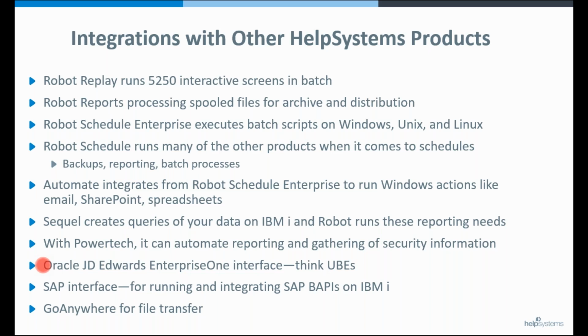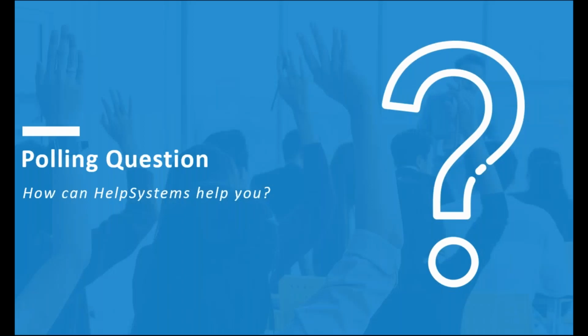For those who run that technology, you're probably familiar with UBEs, Universal Batch Engine. And then SAP, we run the BAPIs in SAP. For those who run on IBM i, we can do that. And then, of course, we have a lot of GoAnywhere customers that use Robot Schedule for file transfers, and use GoAnywhere on Windows, Unix, and Linux, and IBM i for that process. So a lot of integration in the product.